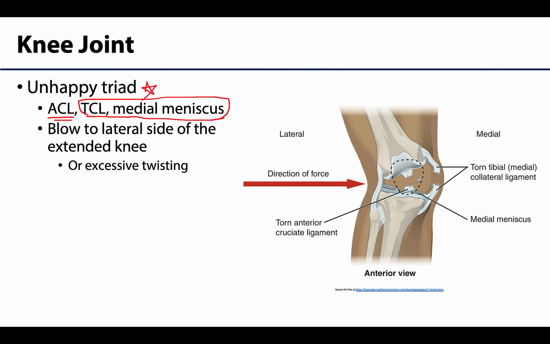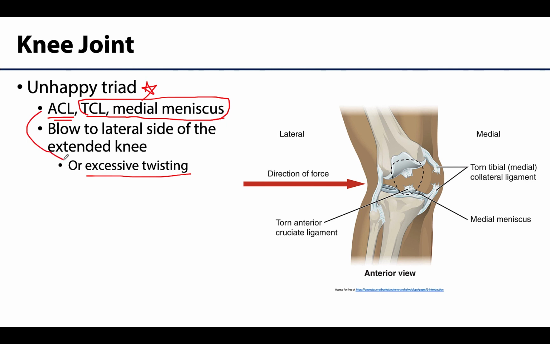because you can have a complete rupture or a tear of these structures. It typically happens with a blow to the lateral side of the knee, which is kind of counterintuitive because these are more medial structures, particularly the tibial collateral ligament, but that force moves through that region causing this. Also, excessive twisting, or excessive rotation, can play a role in damaging these three structures, particularly with twisting.